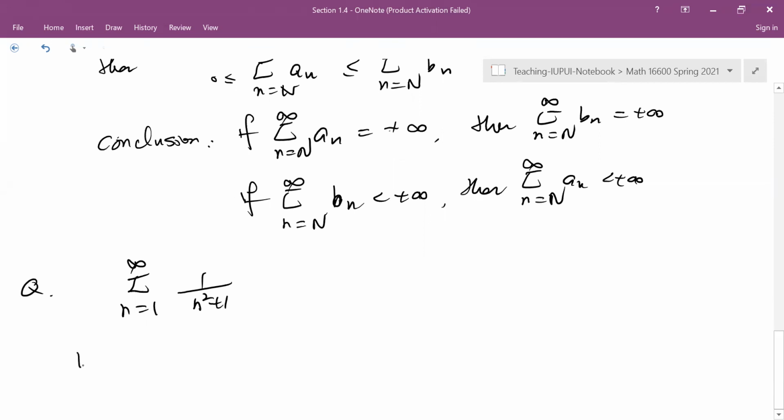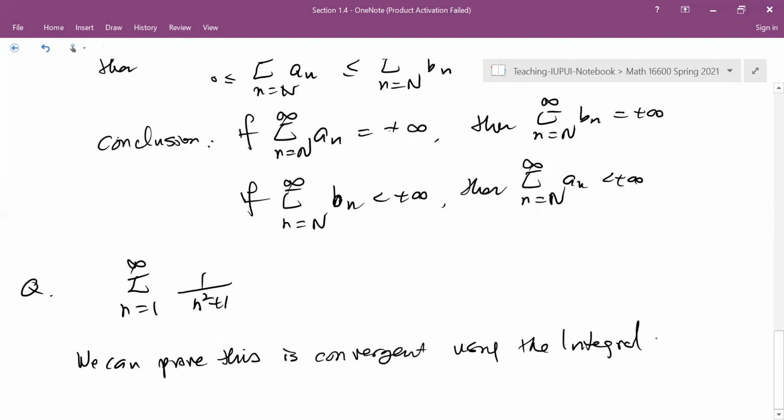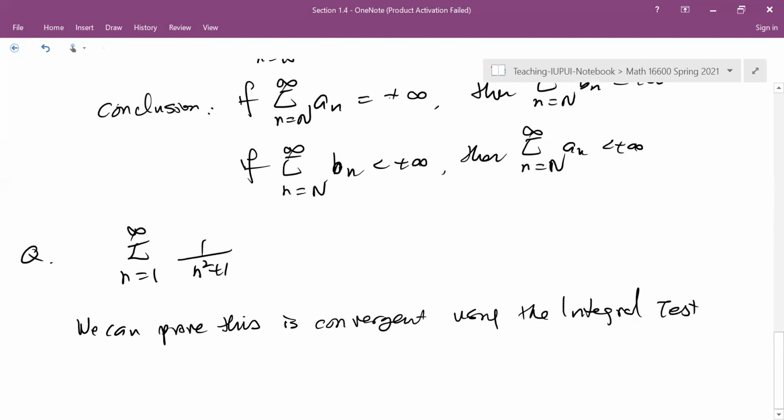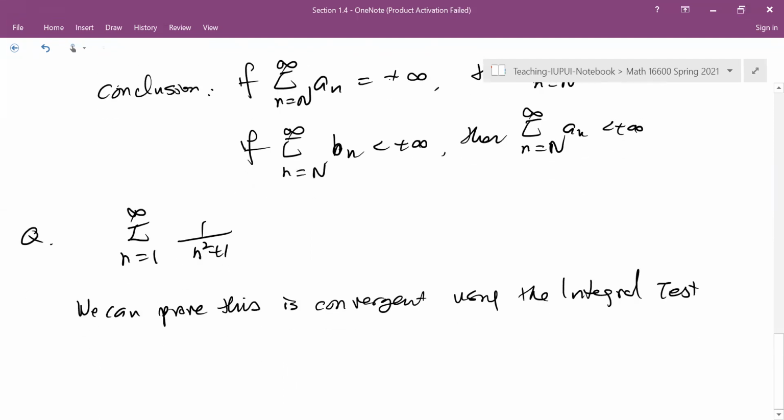So we can prove this is convergent using the integral test, because I can evaluate the integral easily using arctangent. I'm not going to do that, this is in the last section.